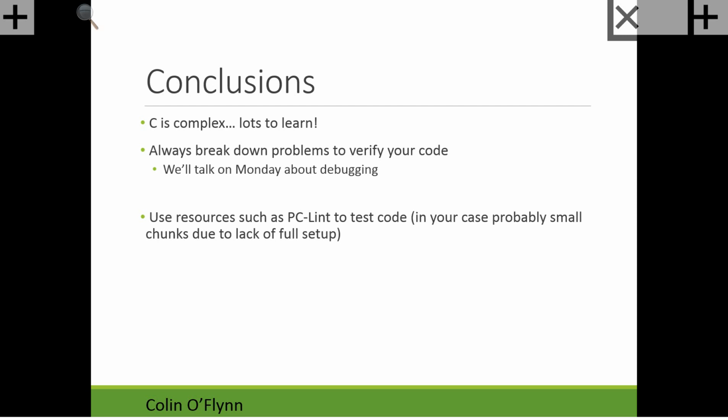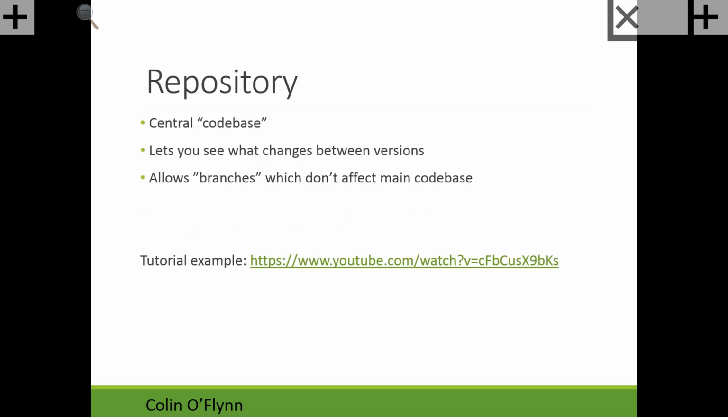Question: are there any Unix tools to use in place of Atmel Studio? You can, yeah. Are you using Mac or Linux? OS X, Mac. Okay. I think Atmel Studio is just Windows only.